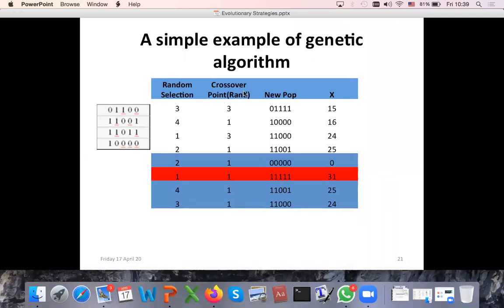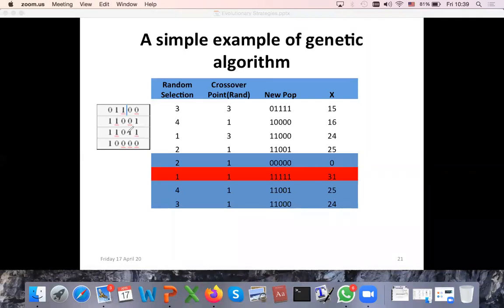And then the crossover point, again randomly, that you have to choose for the first one is after 3 bits. Maybe I can use annotation here again. So after 3 bits here, and this one is the partner of the third one.